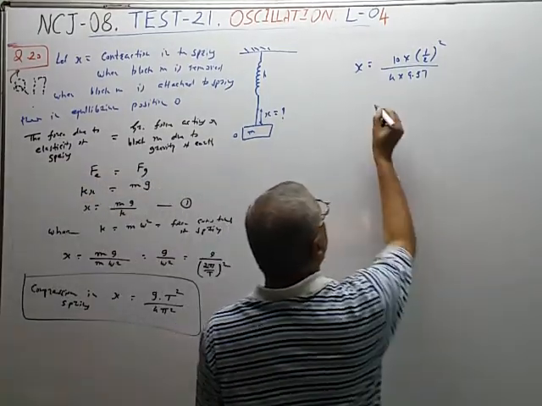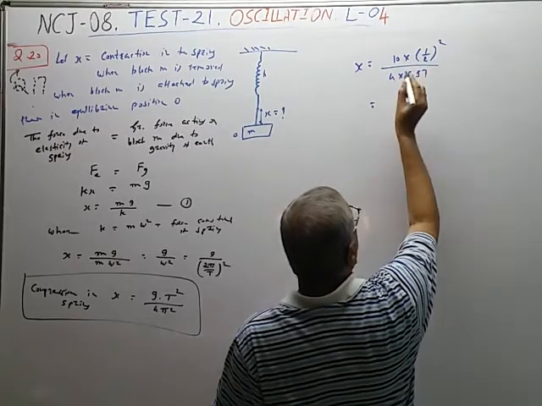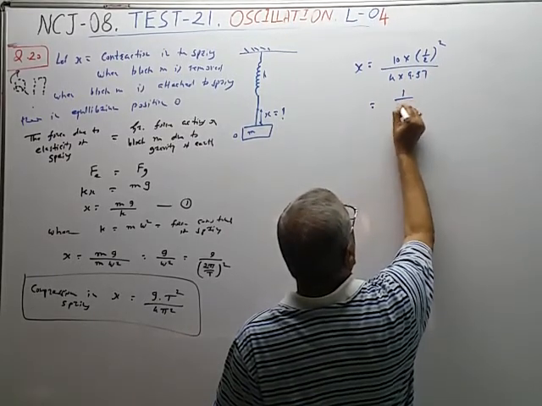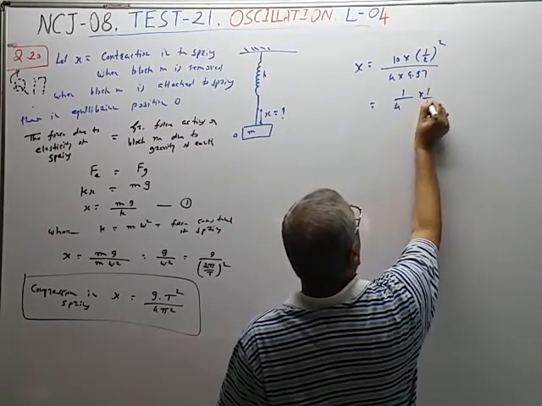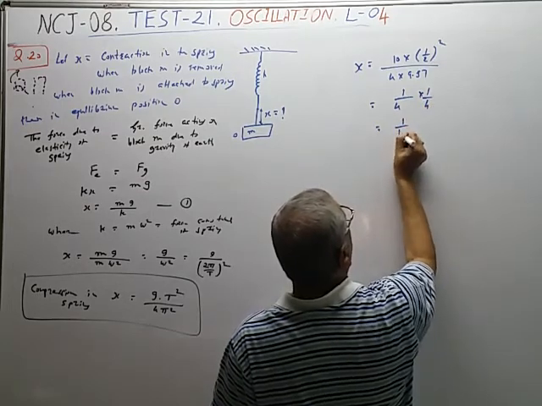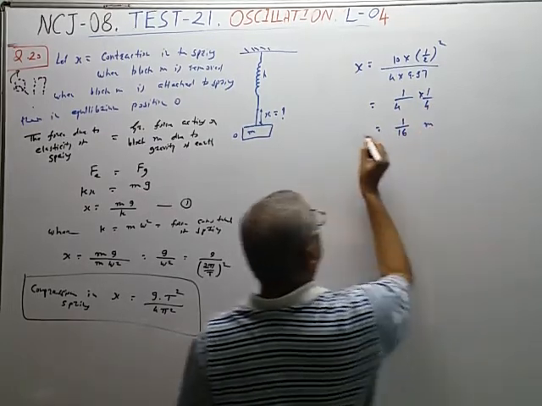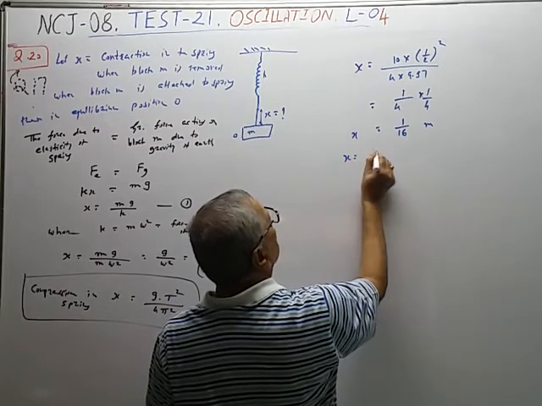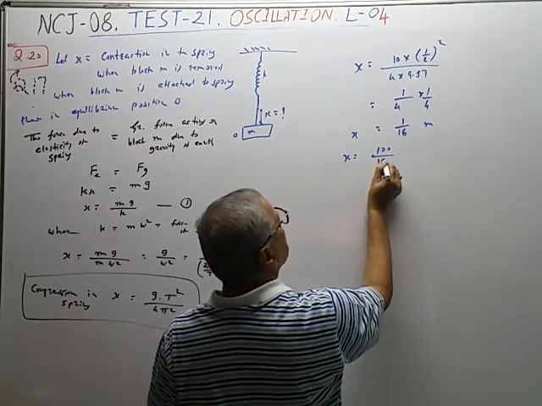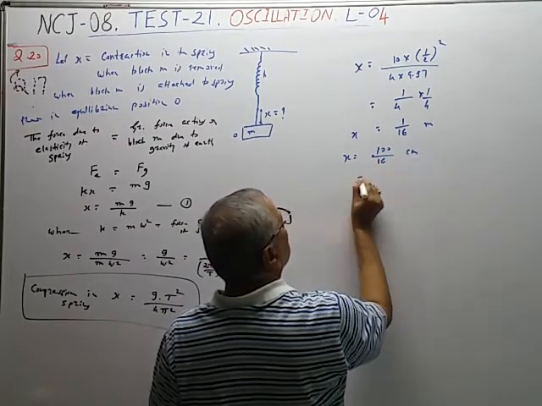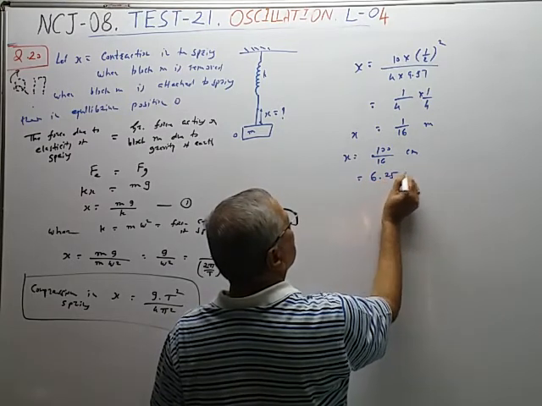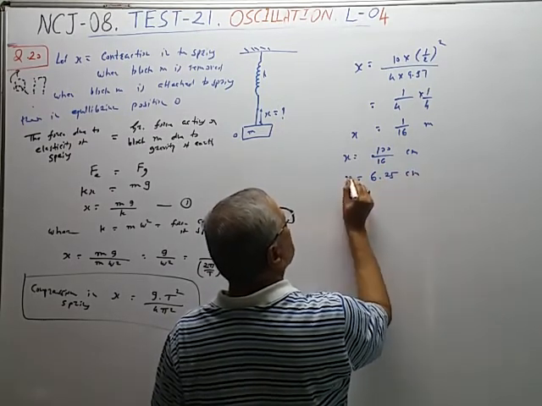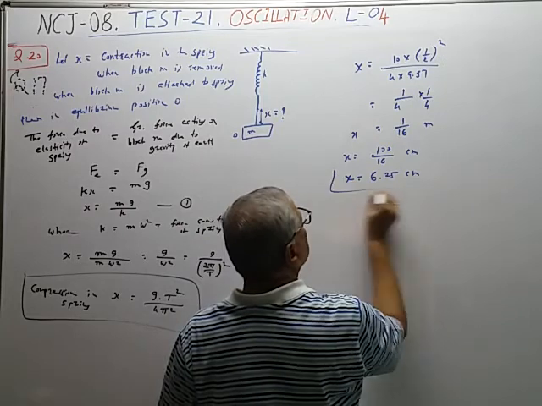So this 10 and 9.87 nearly cancel. So this is equal to 1/4 multiplied by 1/4, that is equal to 1/16 meter. So x is equal to 100/16 centimeter. So that is equal to 6.25 centimeter. So the spring will compress by this much centimeter.